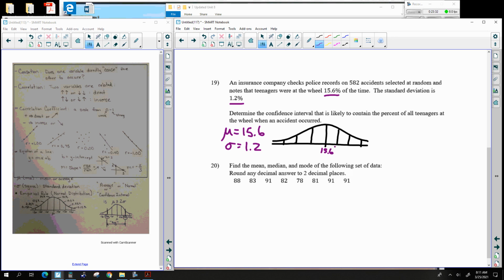So 1.2 would be 16.8, 18, and 19.2. Going down would be 14.4, 13.2, my bad, and 12 flat.